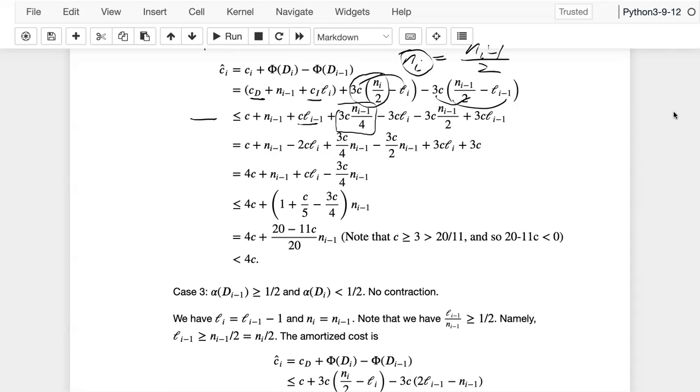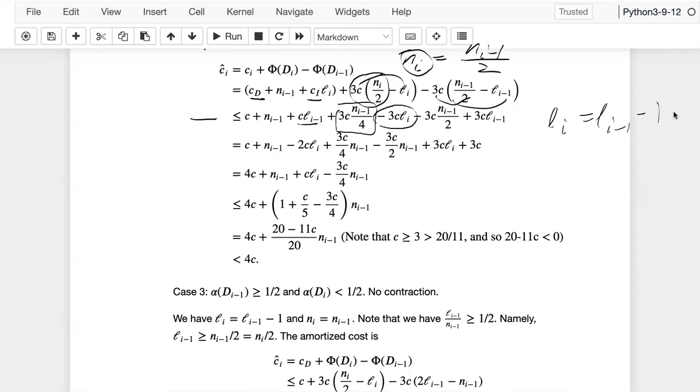So we got 2C, and now L_i is L_{i-1} minus 1.